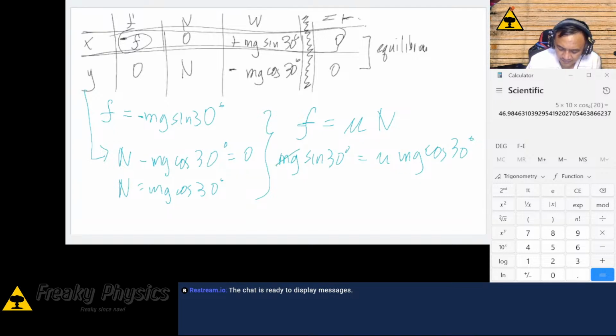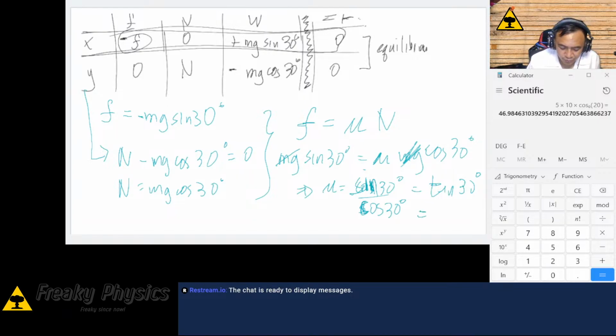The weight, mg, cancels out. So we can solve this now: mu is equal to sine of 30 degrees divided by the cosine of 30 degrees. And that's going to give you tangent of 30 degrees. So that is how you solve for mu.